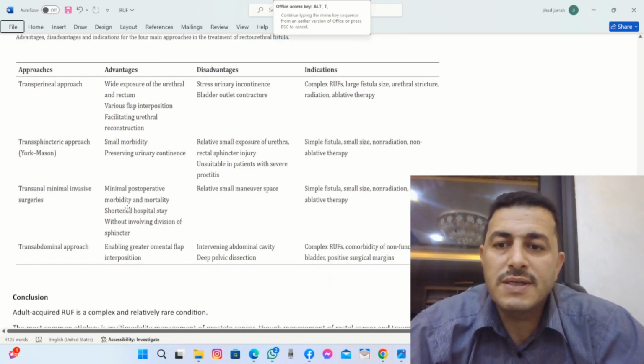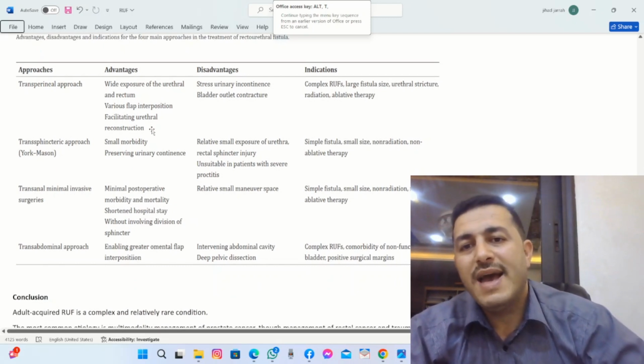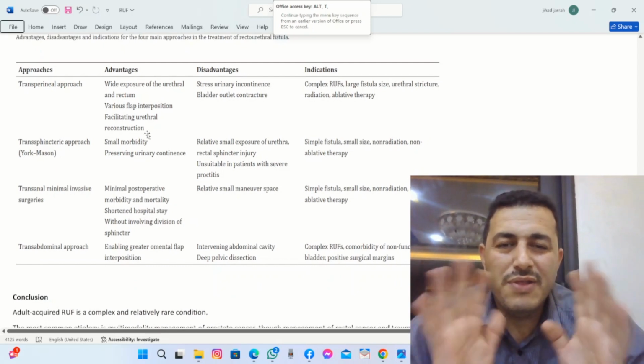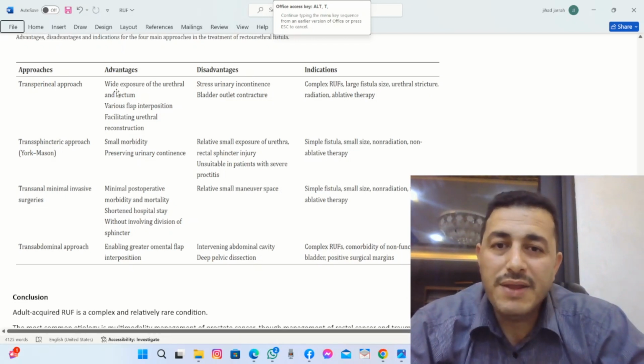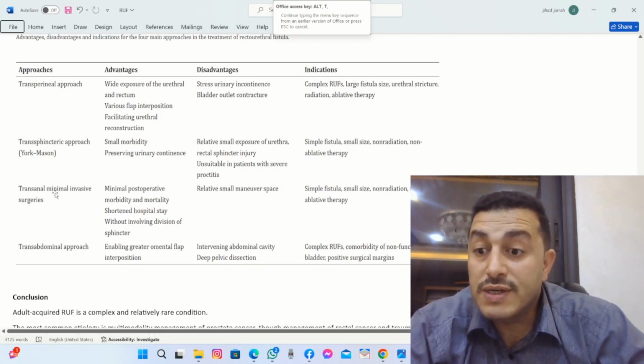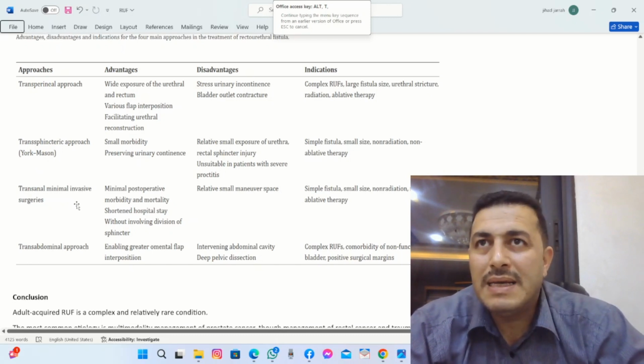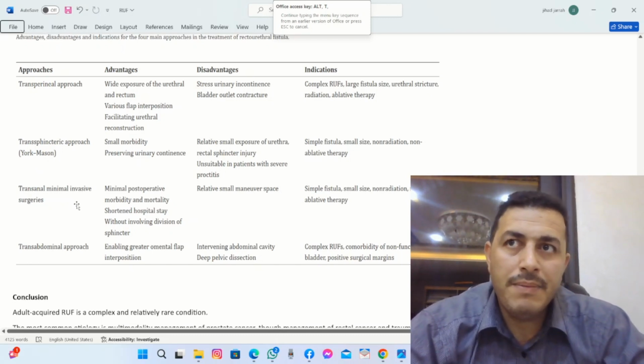This is a table that shows you the advantages, disadvantages, indication. Actually, most of them are in the gray zone, but I think it is worth discussing advantages and indication. Let's start from the most simple, the transanal. The transanal approach, we said this is simple endorectal advancement flap.